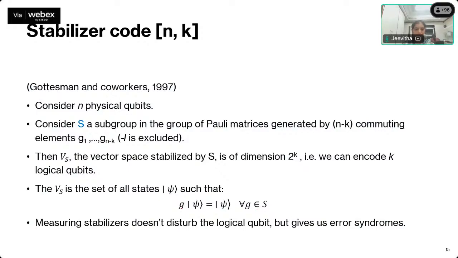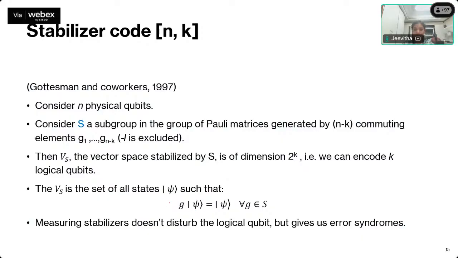When we multiply G with the state, you can see that the state remains the same. It means that the stabilizer doesn't affect the state if it is error-free. So it doesn't disturb the logical qubit at all.